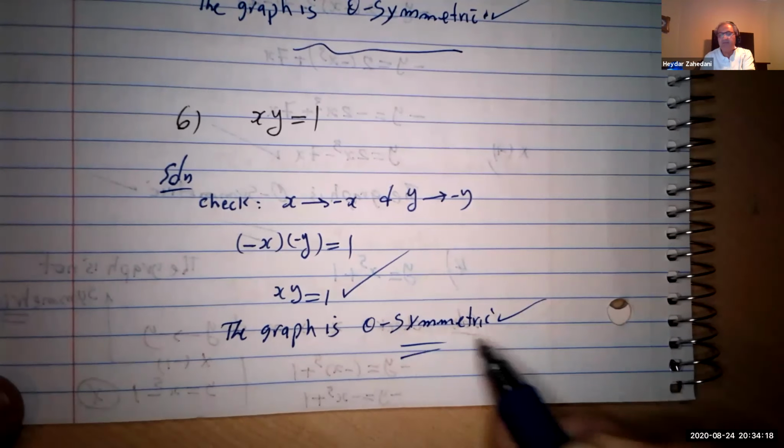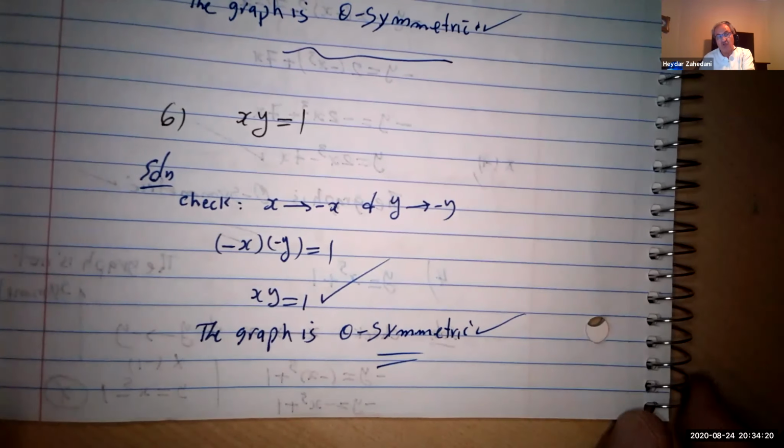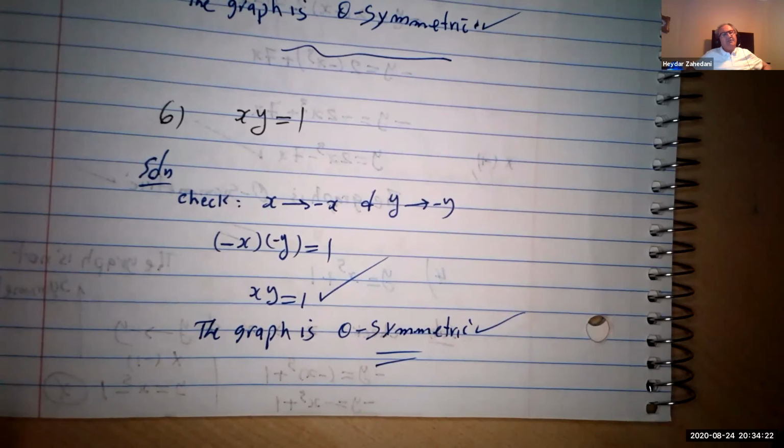Any question? So in short, if the powers of the x are all even, the graph is y symmetric right away, because you change the x into the negative x. If the powers of the y are all even, it's x symmetric, because you go up and down, or you change the y into the negative y.